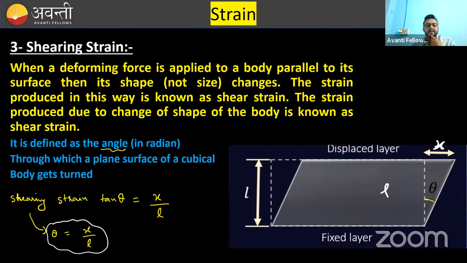So shearing strain is tan theta, which can be defined as x by L. What is x? x is the displacement of the top layer, and L is the perpendicular distance between the two layers. Two layers of what? One is the fixed layer, another is the movable layer. I think it is clear to you.